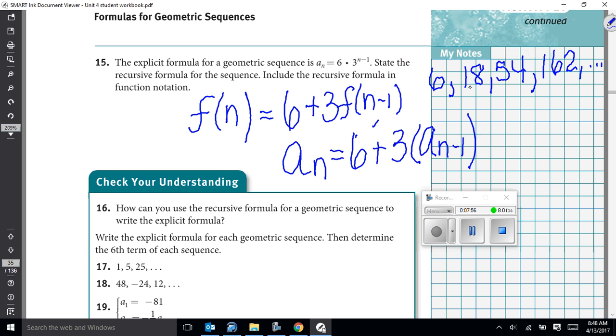So this is great if you're only looking for the first few terms, but when you start jumping around and wanting numbers in size, it gets a little tricky, right? You don't want to sit there and do 100 terms.